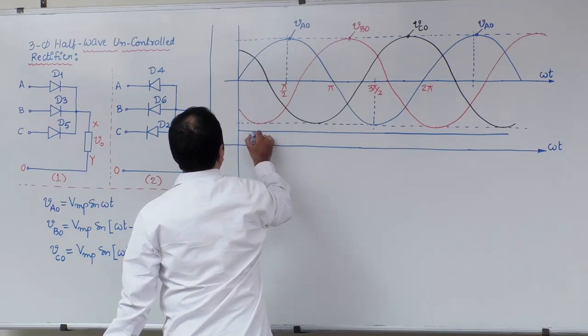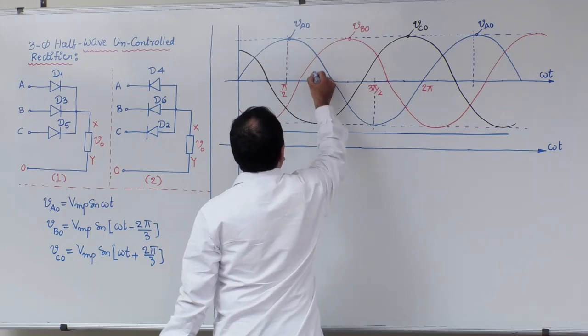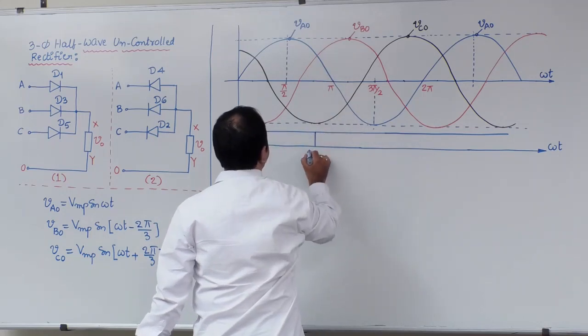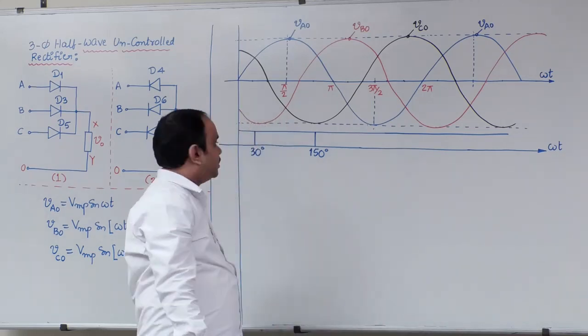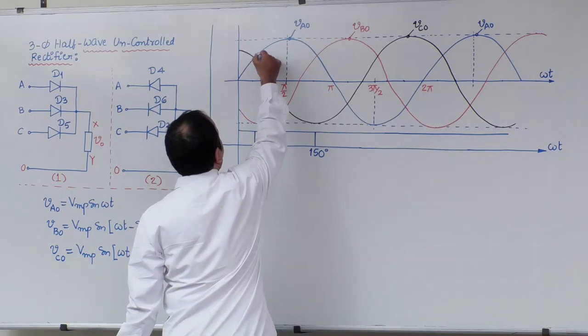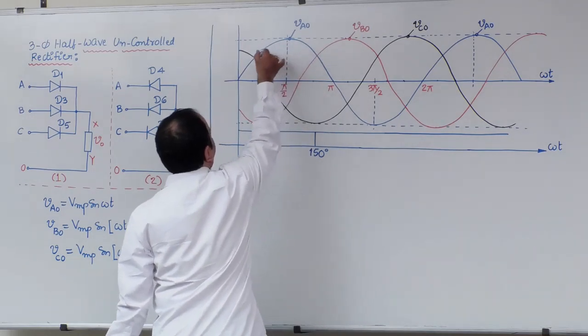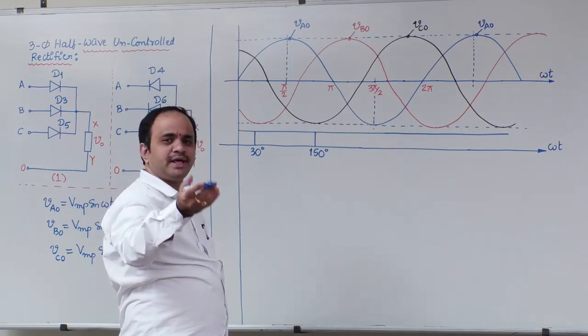So at this instant I can write 30 degree, and at this instant 150 degree. From 30 degree to 150 degree, notice here phase A, the blue color sinusoidal, is more positive than the other two.